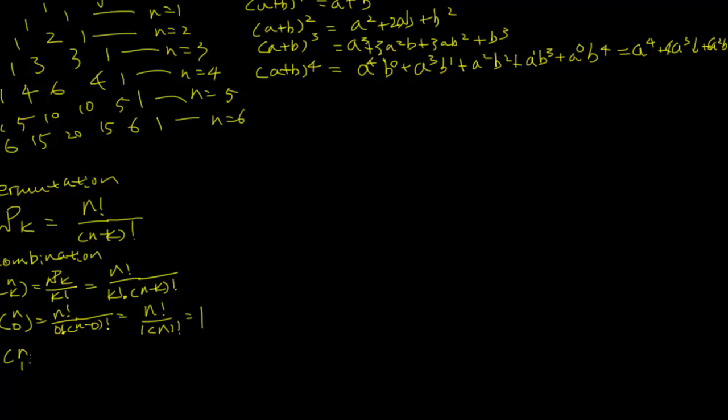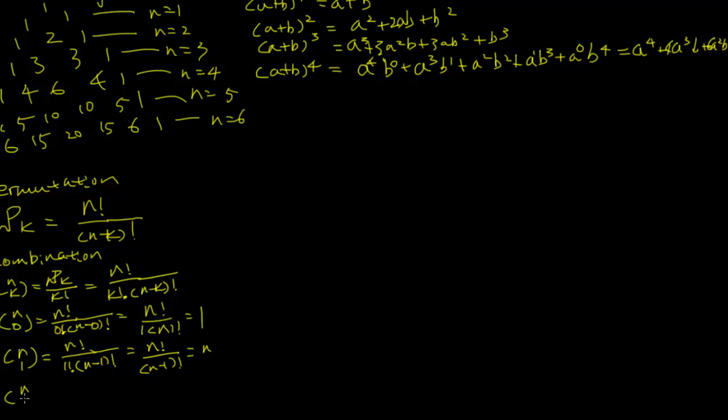And when k is equal to 1, n factorial over 1 factorial times n minus 1 factorial, which is equal to n factorial over n minus 1 factorial, which is equal to n.